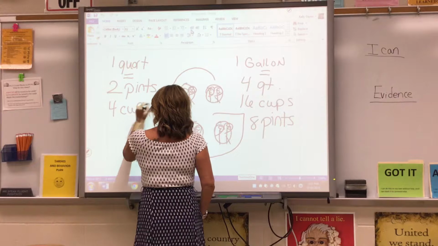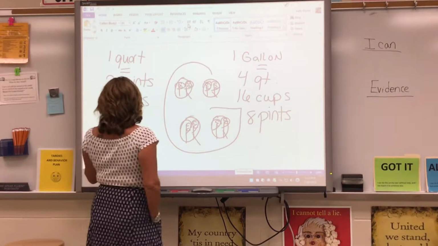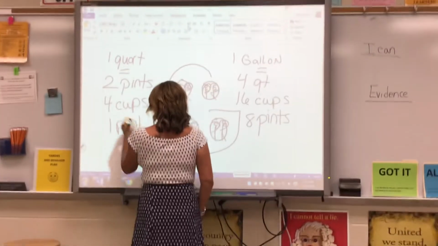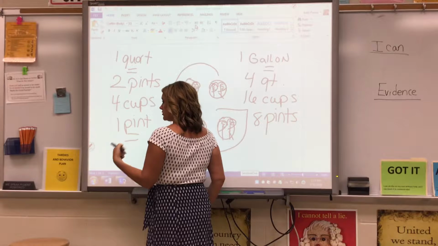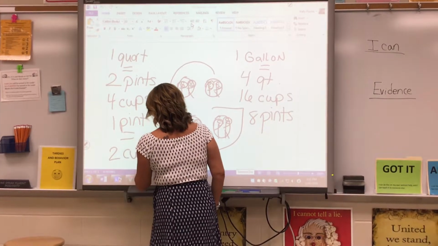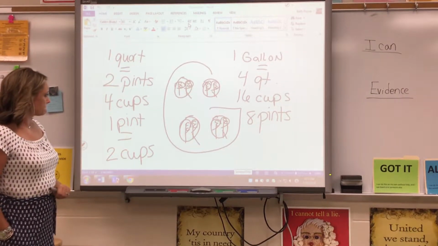And then in each pint, 1 pint equals, how much blood did they take from you? How much ice cream are you eating when you eat the whole pint? 2 cups. Okay? So there's just a little information there.